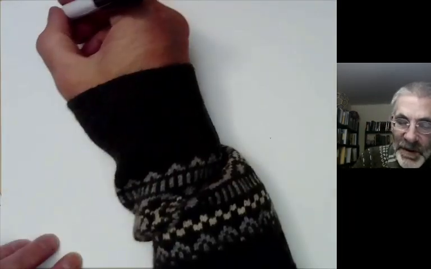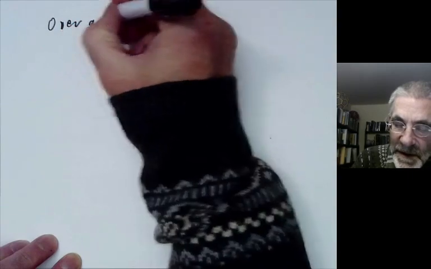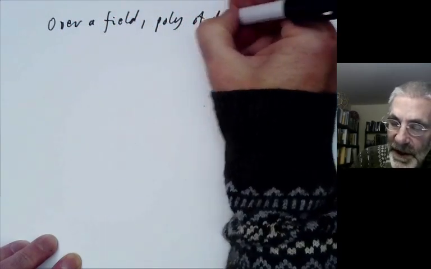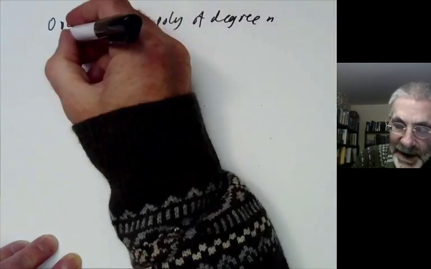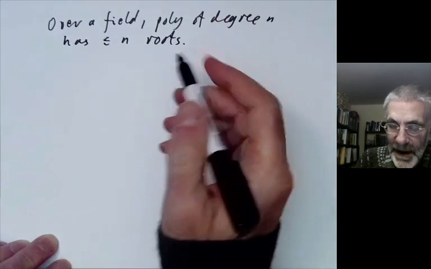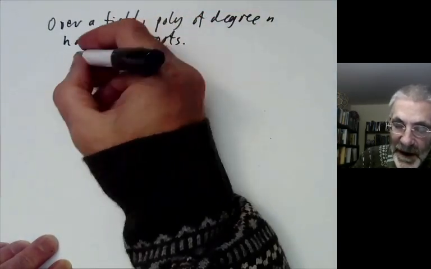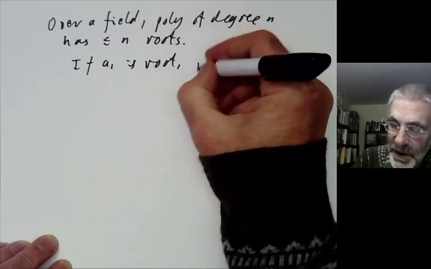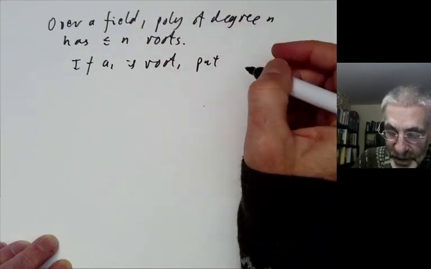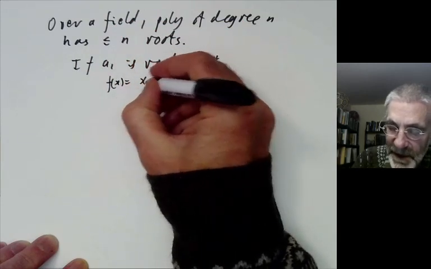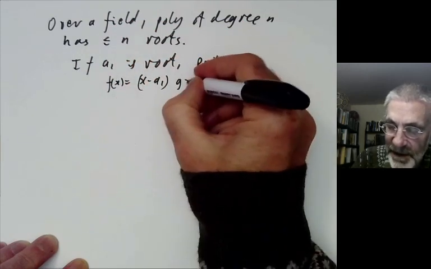Now, a useful consequence of this is that over a field, a polynomial of degree n has at most n roots. And we should just check this. So if a1 is a root, what we do is we put f of x equals x minus a1 times g of x.